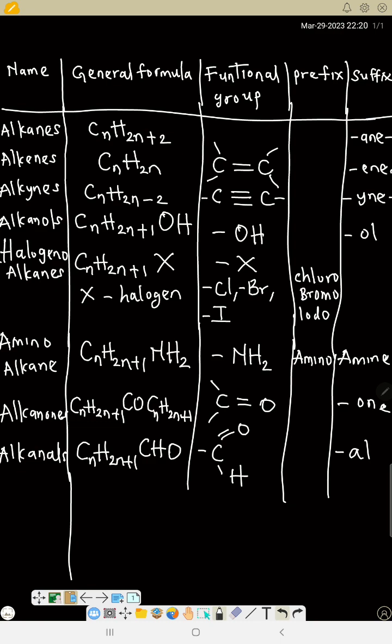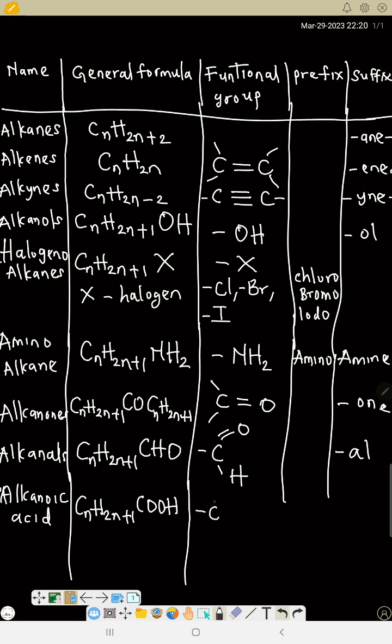Another one is alkanoic acid. The general formula is CnH2n plus 1 COOH. So that is alkanoic acid.